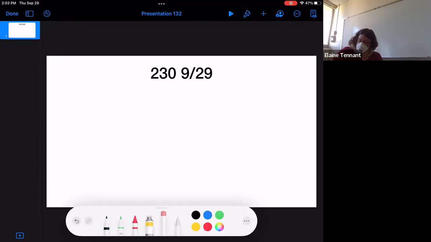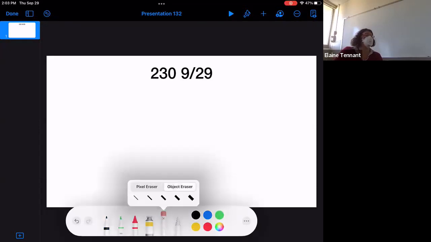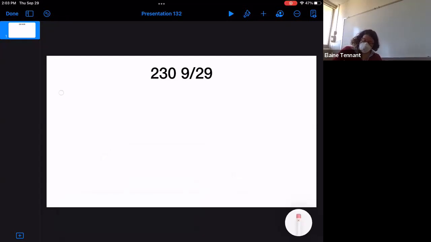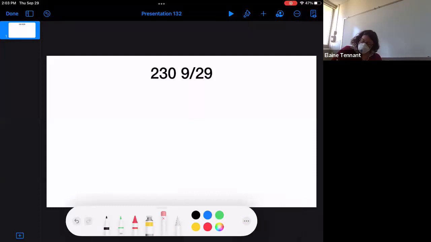What's your favorite temperature scale? Kelvin. Kelvin is a great temperature scale. That's my favorite personally. Kelvin.